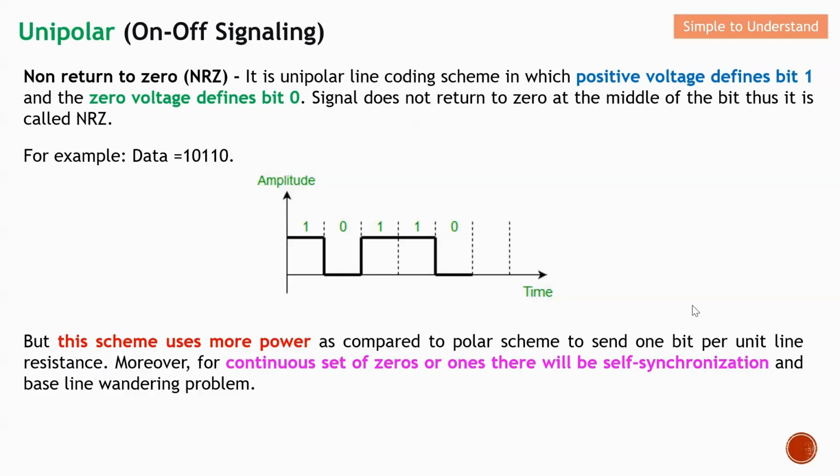When we compare by just sending 1 bit per line, this method also requires more power. Moreover, for continuous sets of 0s or 1s, there will be some issues, as I mentioned earlier. Imagine that if there is a long string of 1s, we may have some issue in terms of time synchronization, which is also known as the baseline wandering problem. So basically this is for the unipolar.